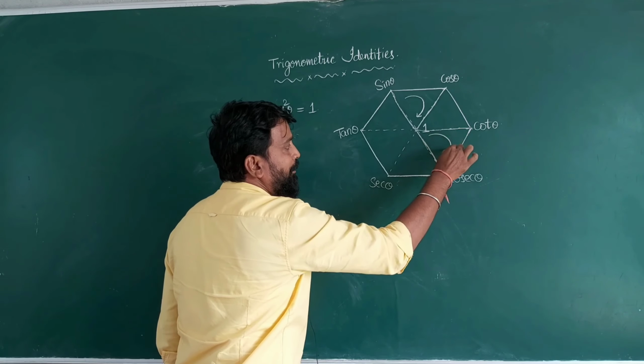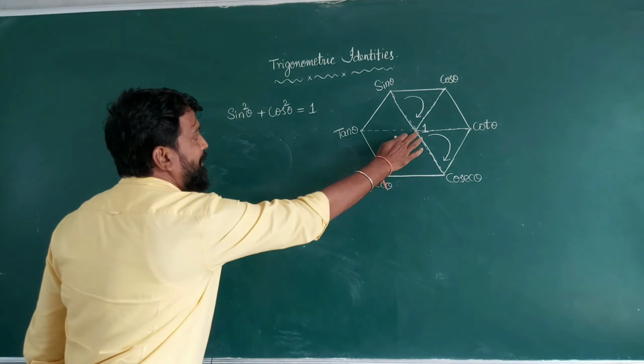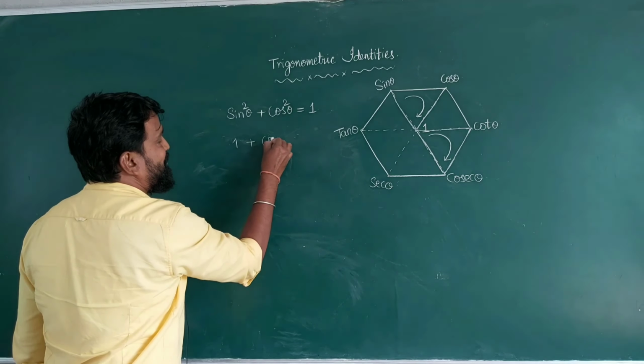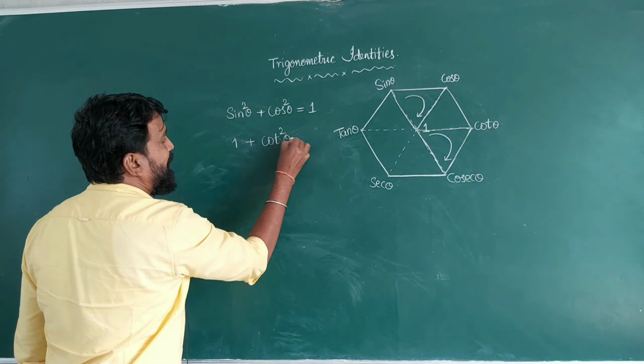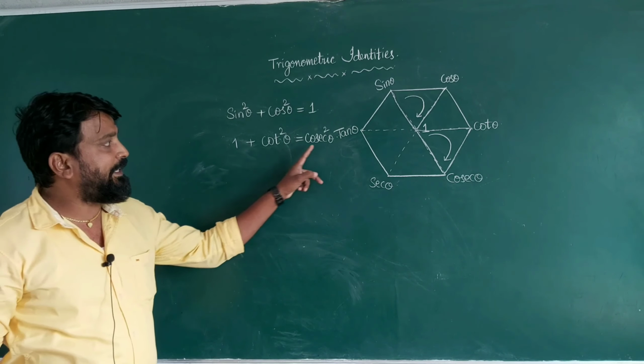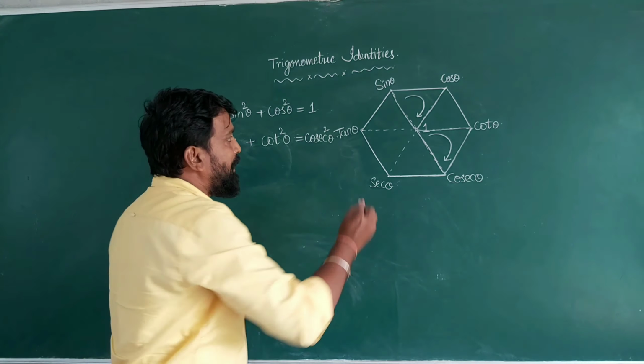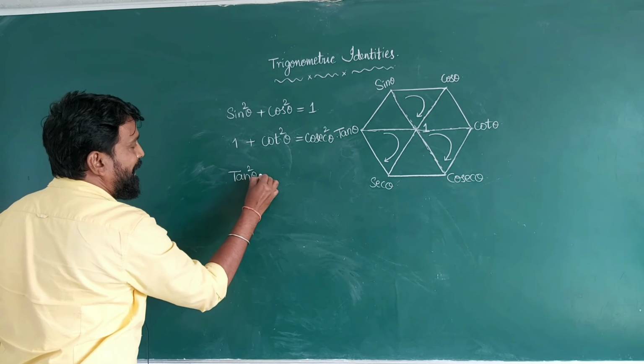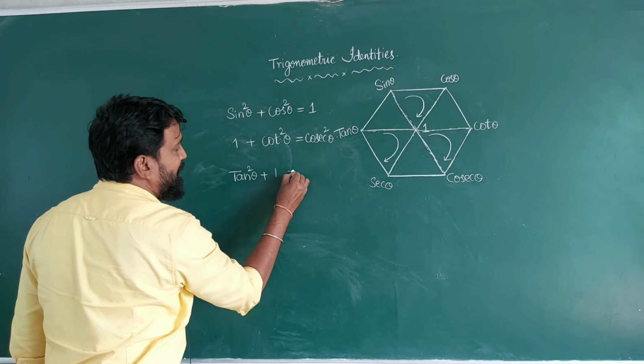In the same way you can go in clockwise rotation: 1 plus cot square theta is equal to cosec square theta. Similarly, take this triangle and again go like this: tan square theta plus 1 is equal to sec square theta.